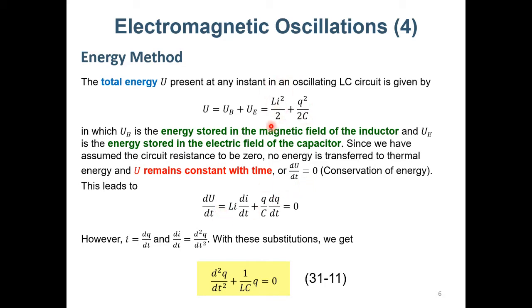For this one, L is a constant with respect to time, so you can just pull it out. And then i is a function, so for i squared, we take the derivative, which is 2i, but don't forget the chain rule, so we need to multiply by di/dt.